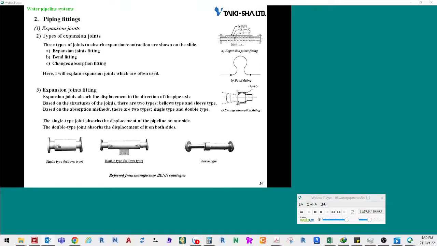Based on the structures of the joints, there are 2 types, bellows type and sleeve type. Based on the absorption methods, there are 2 types, single type and double type. The single type joint absorbs the displacement of the pipeline on one side. The double type joint absorbs the displacement of it on both sides.